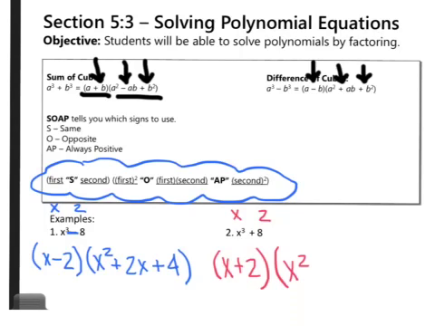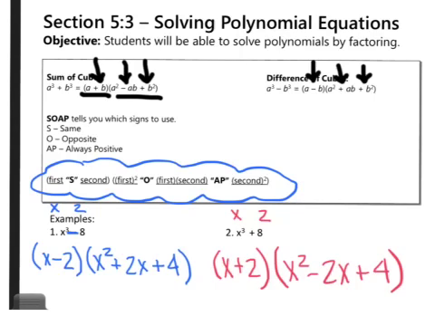My next sign is opposite, so that's going to be minus. First times your second term, 2x. Always positive. Second number squared. So you should notice they look very similar, just with the difference of their signs.